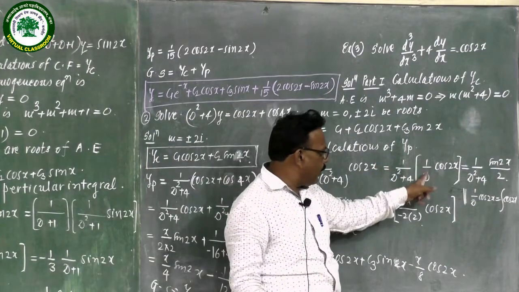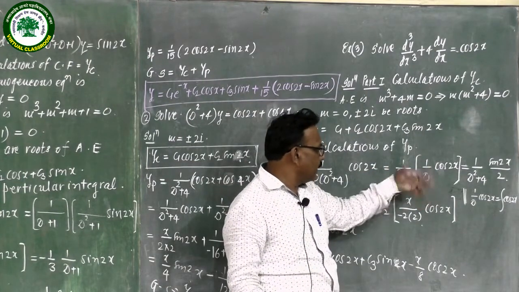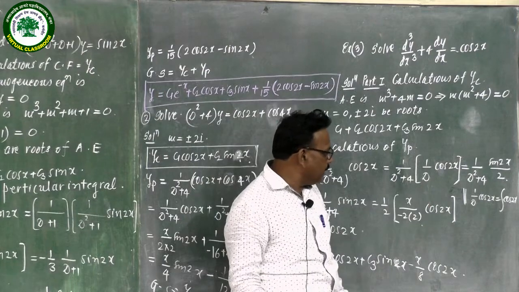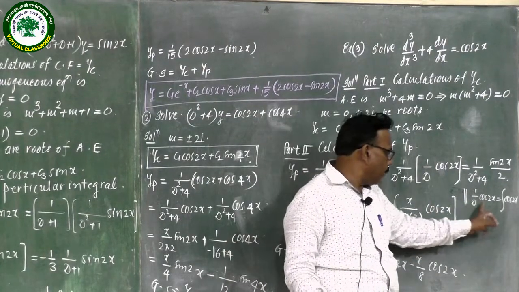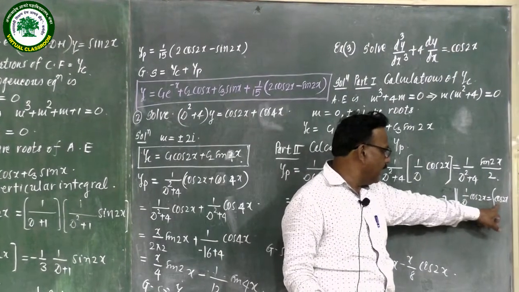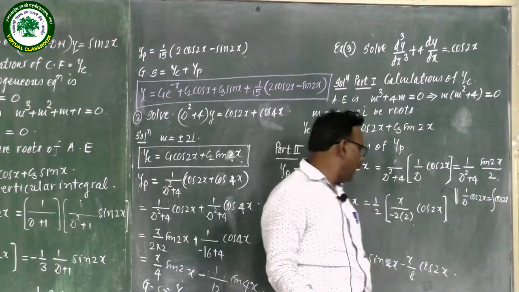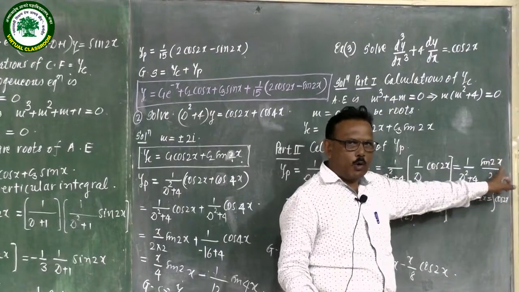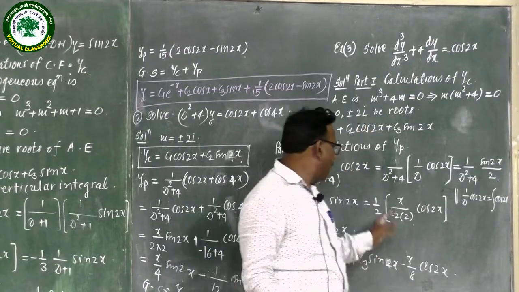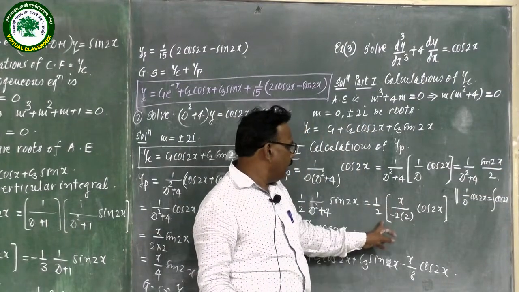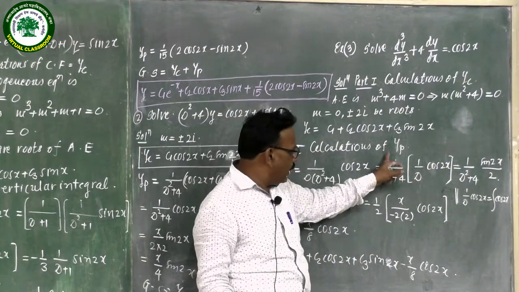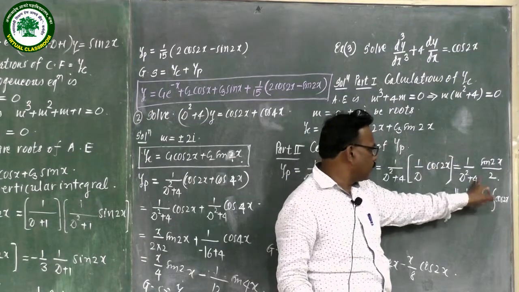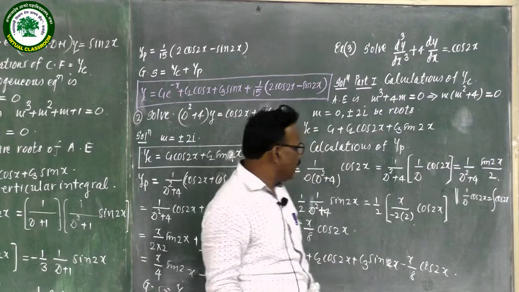But as 1 upon D is the inverse derivative, that will be integration, so it is operated on cos of 2x, integrated, and it will be sin 2x upon 2. Take this 2 separate, and again 1 upon D squared plus 4 is operated on sin 2x upon 2.